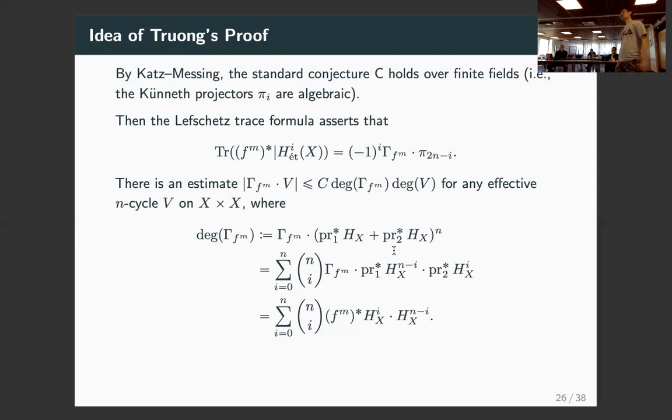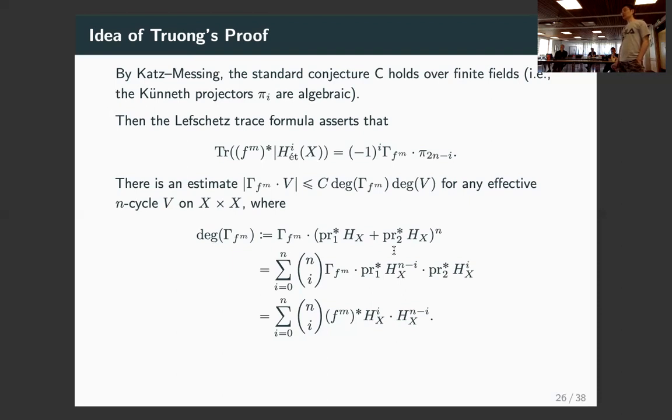The first one is the graph of F^m, gamma F^m, the graph of the m-th iterate of F, times pi_{2n-i}, the Künneth projection. Because standard conjecture C holds, this pi_{2n-i} is algebraic. So the right hand side is just a purely intersection number of cycles.